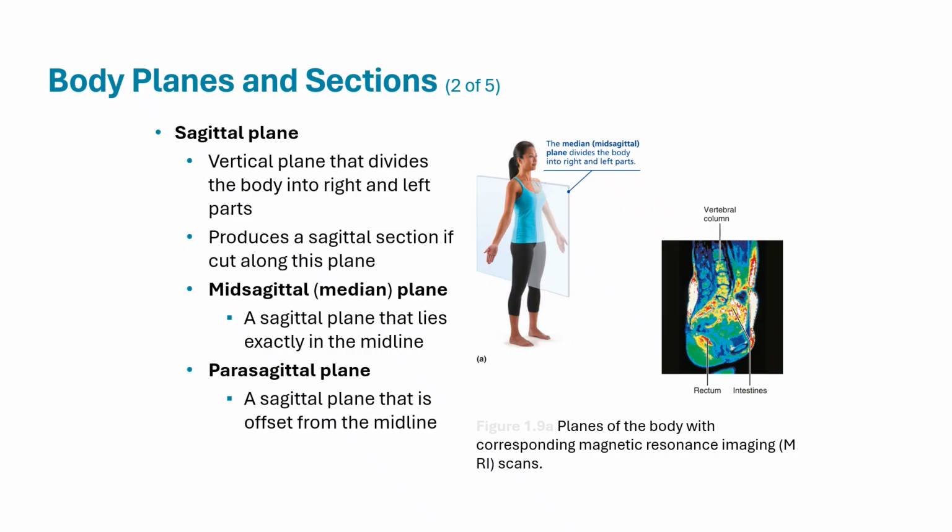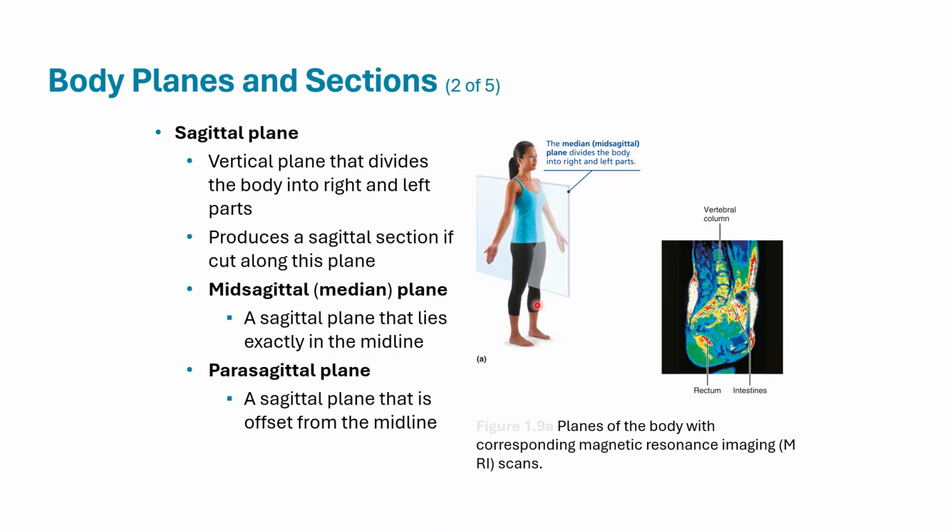Okay, for this one, the body planes and sections, we're going to talk about the sagittal plane. So the median or sagittal plane runs along the midline to divide the body vertically into right and left parts. This produces a median or sagittal section. Okay, the mid-sagittal plane, so this kind of goes right down the midline.